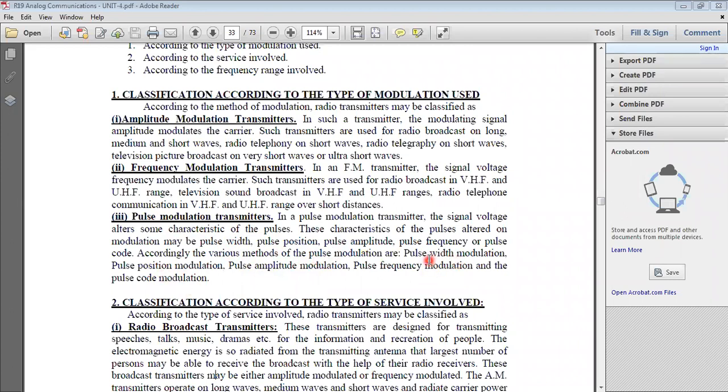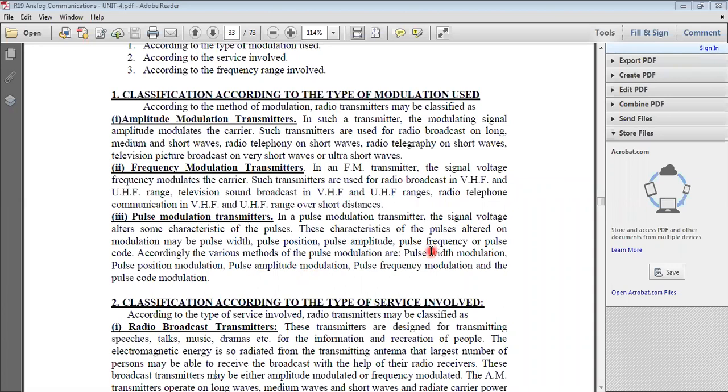If we change the pulse position, then it is called PPM, pulse position modulation. If we change the amplitude of the pulse, then it is called PAM, pulse amplitude modulation.